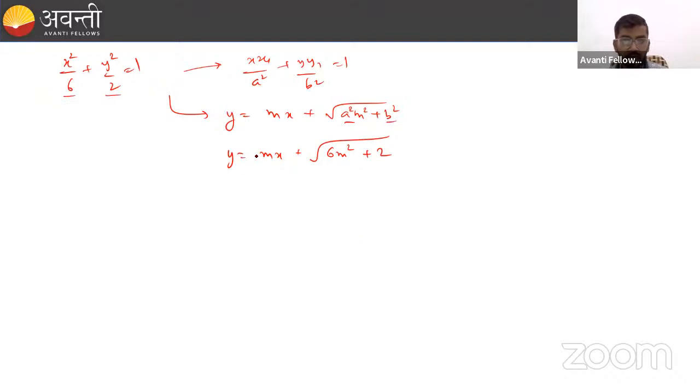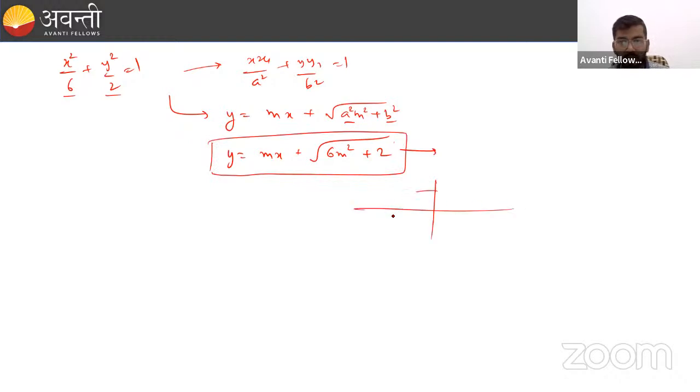Now the equation of the line passing through 0 comma 0 and perpendicular to this line. So this line is our tangent, and this line is given by this thing.